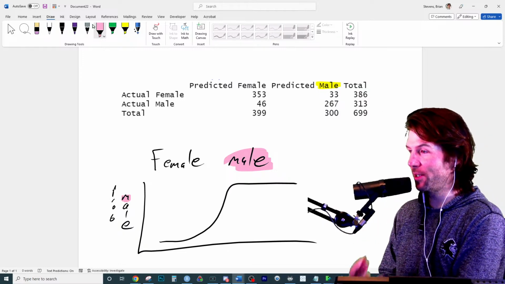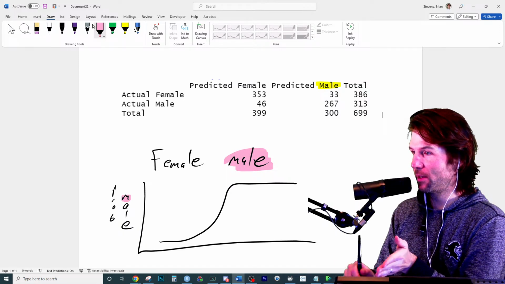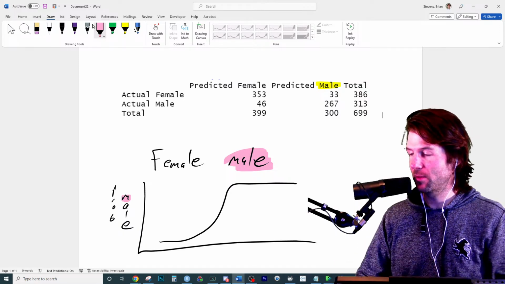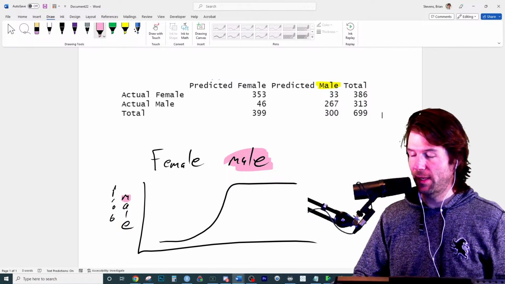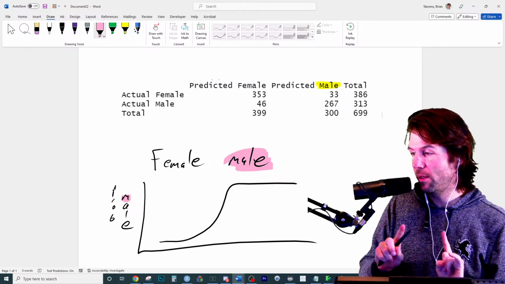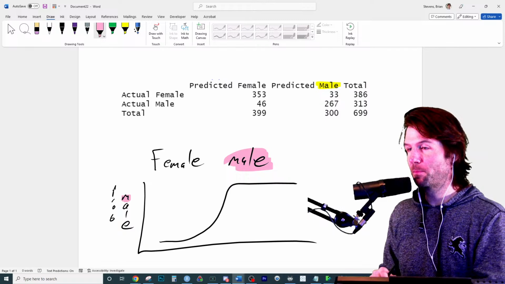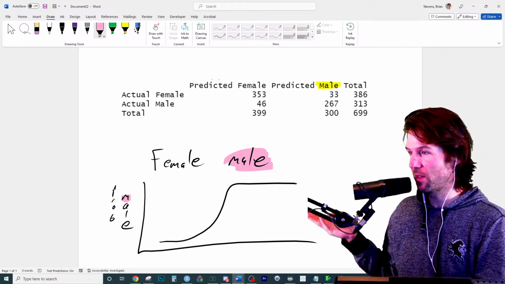So in logistics, say it with me, all the L's. Are you ready? In logistic, the level of interest is last. So if you remember this saying, you can always remember how we do predictions in logistic by default.